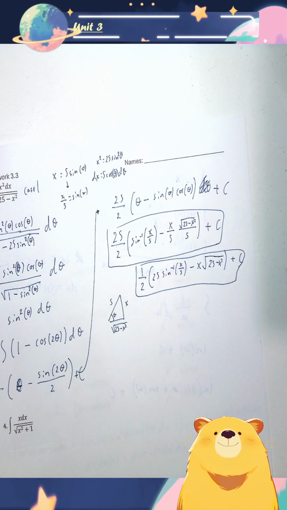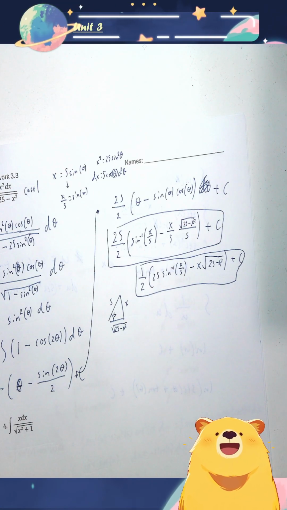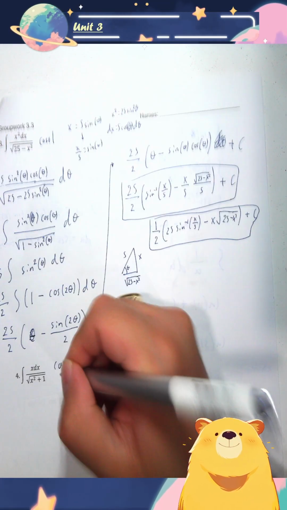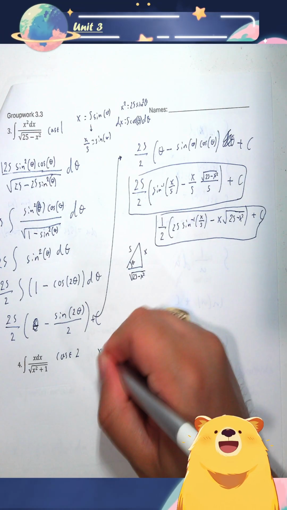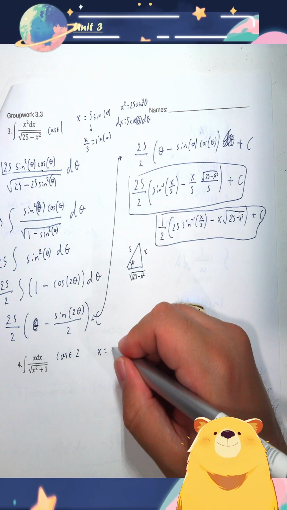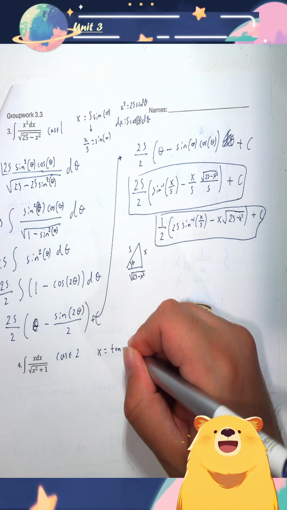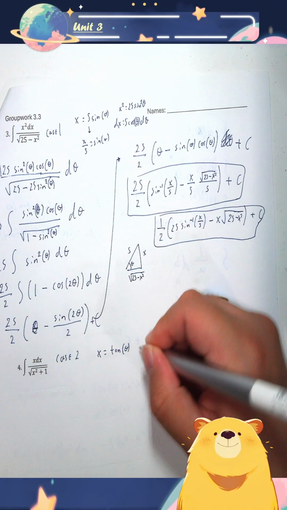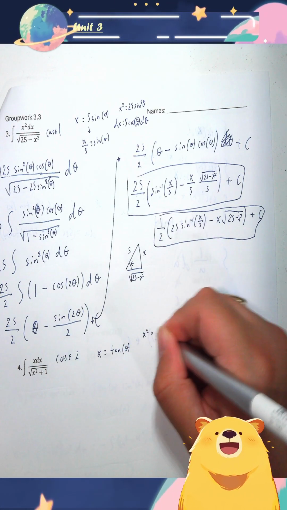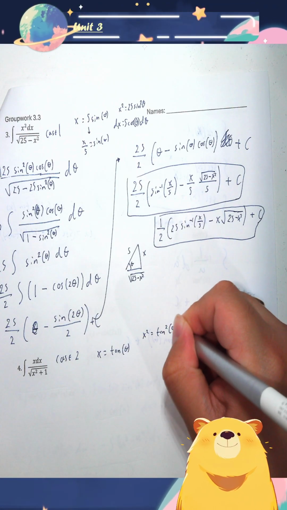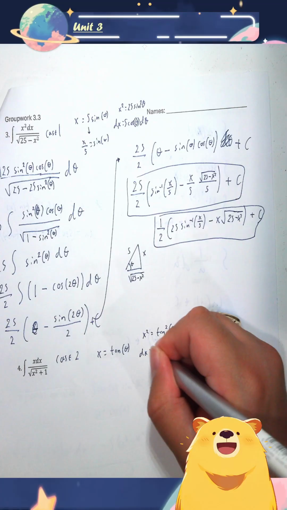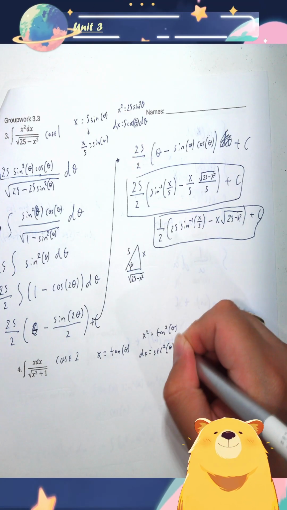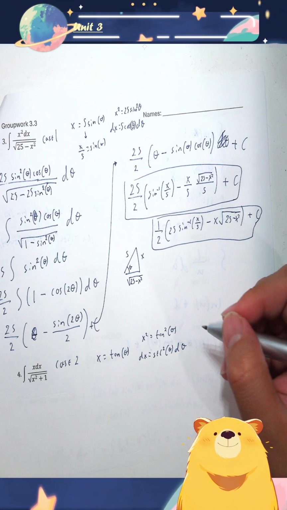All right, last one. And we have a case 2 where they're just adding. So that means we use tangent. And for this one, it actually would just be tangent because a is 1. So that means x is just tangent of theta, and dx is just secant squared of theta d theta.